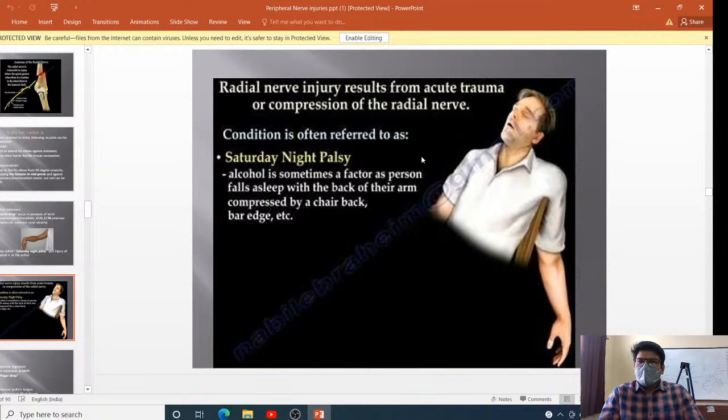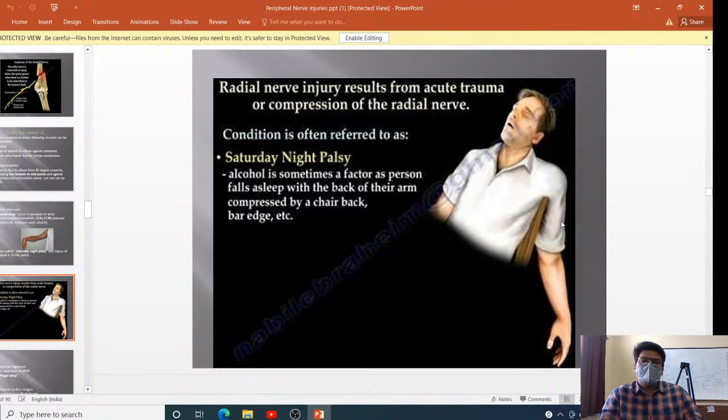Radial nerve injury results from acute trauma or compression of the radial nerve. You can see here that a person is taking alcohol on Saturday and is leaning on the chair by means of his axilla.